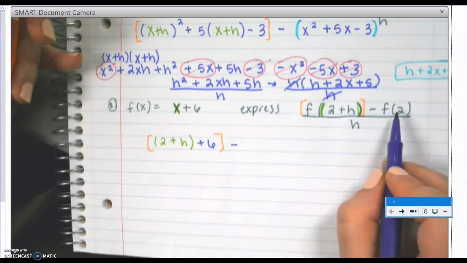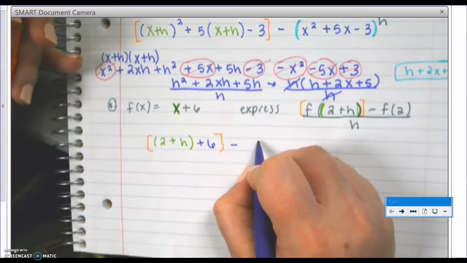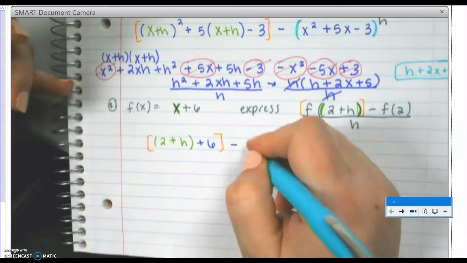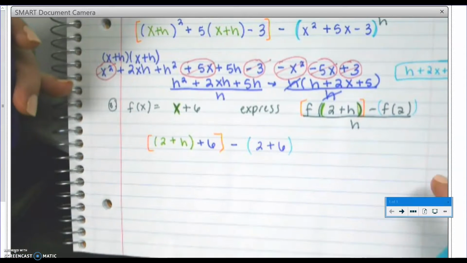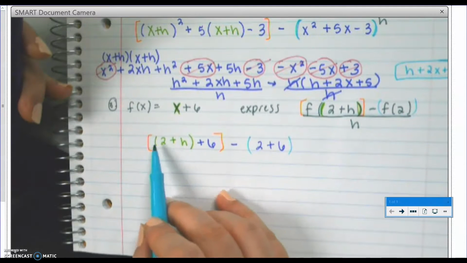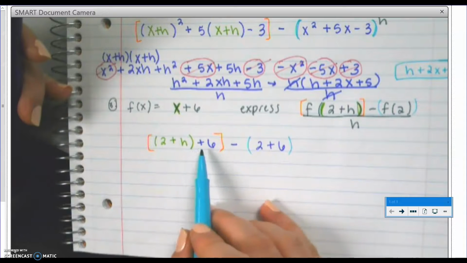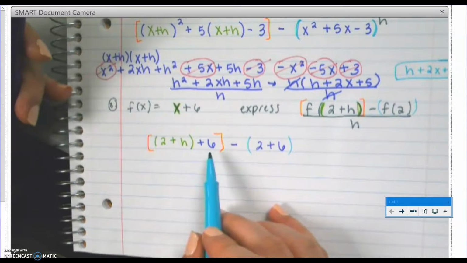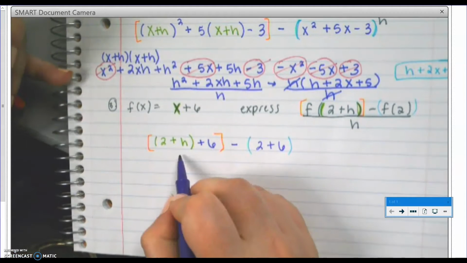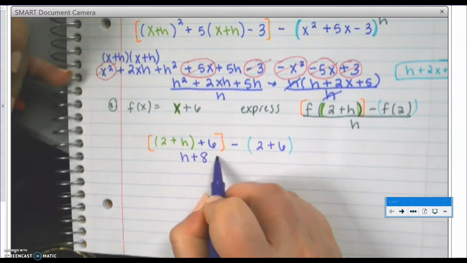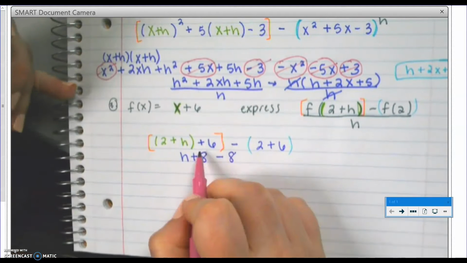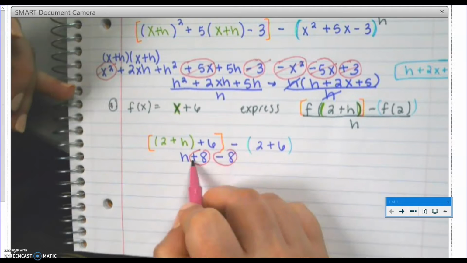So it wants me to replace x with 2, all divided by h, but I'm going to simplify this first. So 2 plus h plus 6, there's nothing for me to multiply, so I don't really need any of those parentheses and brackets that I drew because I'm not multiplying anything. So I can simplify that to h plus 8, minus 2 plus 6 is 8. So the positive 8 and negative 8 will cancel.